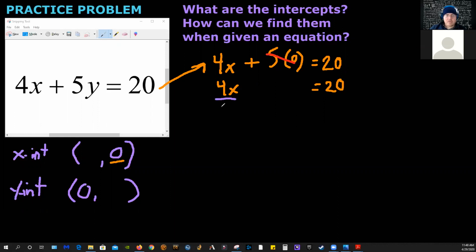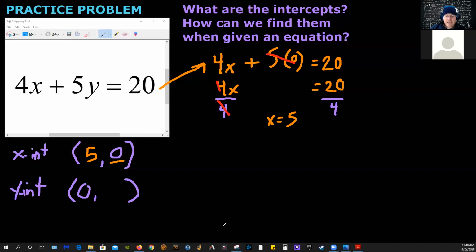Then we could divide both sides by 4. 4 divided by 4 is equal to 1, so that's 1x. And 20 divided by 4 is 5, so x would be equal to 5. So apparently, when y is equal to 0, x is equal to 5. So we just discovered our x-intercept.